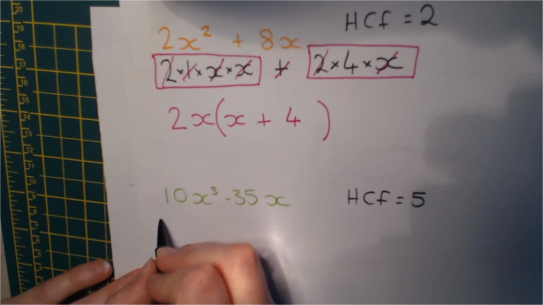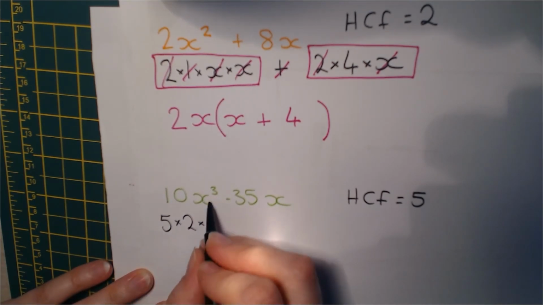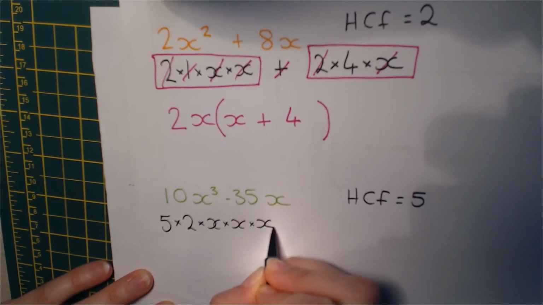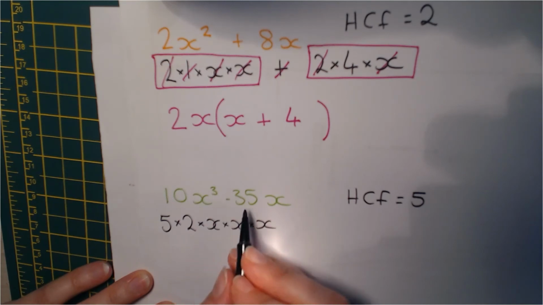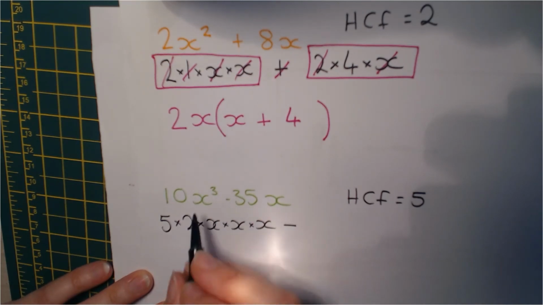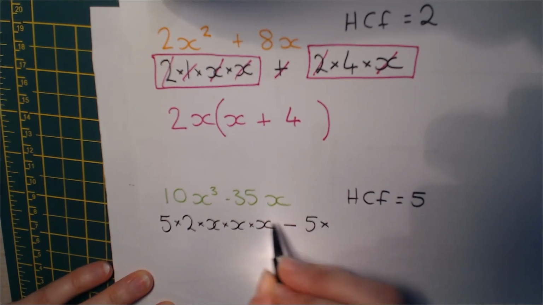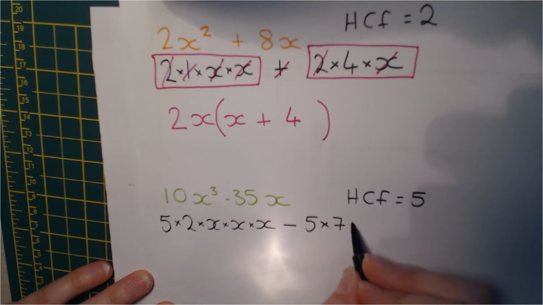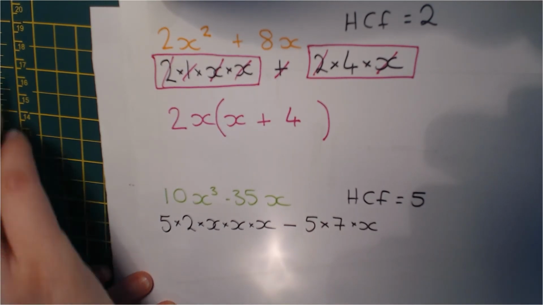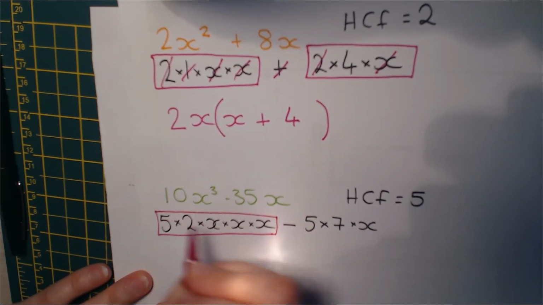So we're going to have 5 multiplied by 2 is 10, multiplied by x, so 3 of them, that's x cubed. Subtract, that's the only time that's going to make a difference during this, is just making sure you keep it in there. 5 multiplied by 7 this time. And that last x on its own. So just keep an eye on that subtract sign.